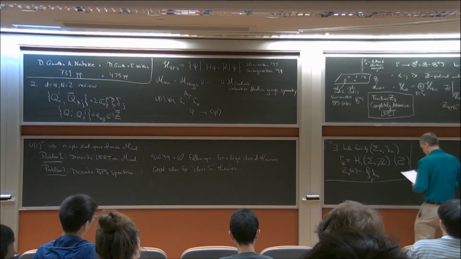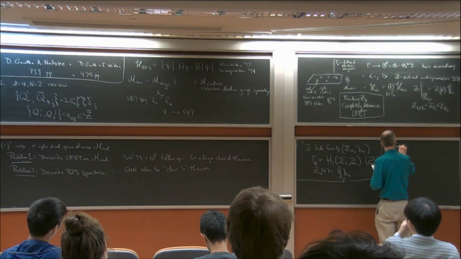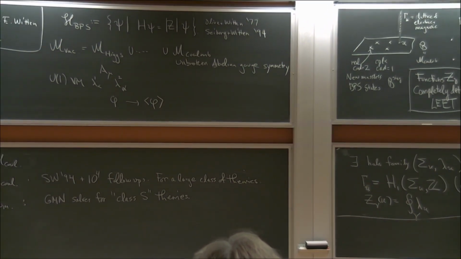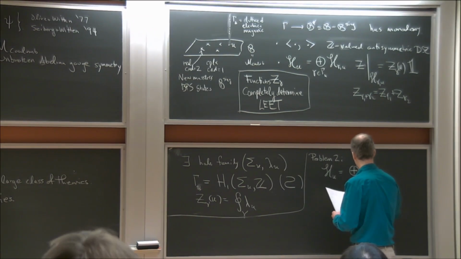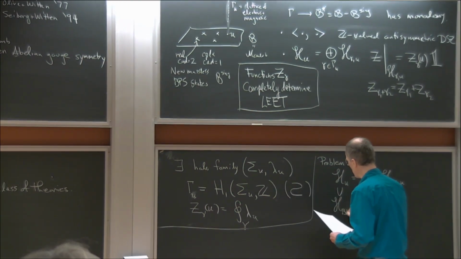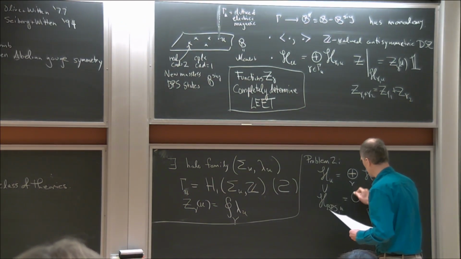Okay, so what about problem 2? In problem 2, as a representation of the n equals 2 algebra, our Hilbert space is graded. Inside here is the BPS space, which will depend on u, and it's also graded.